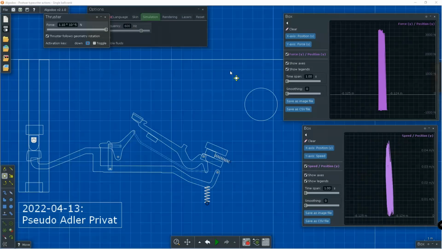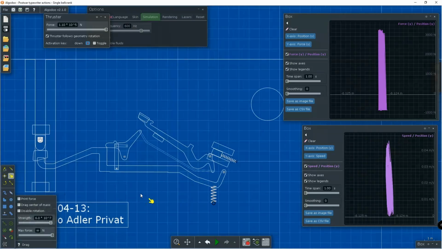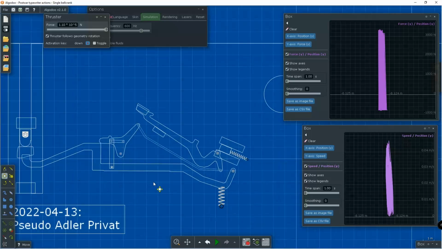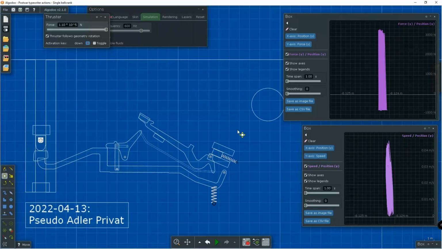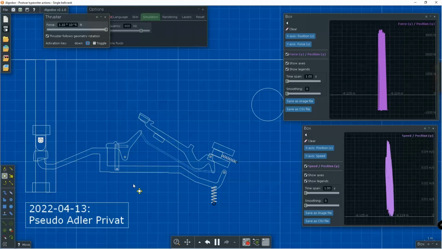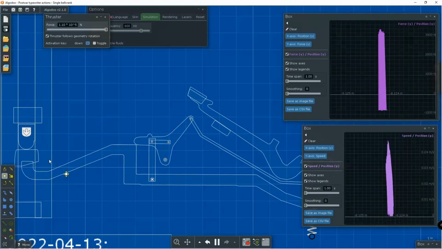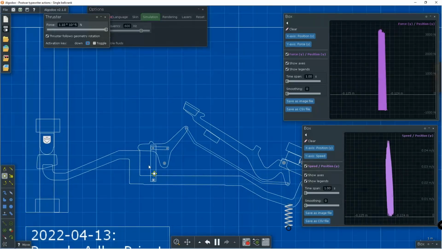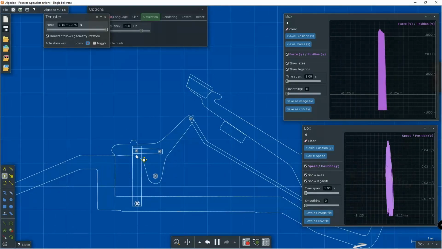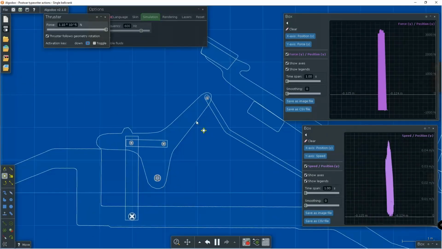Now over here we have my rough simulation of the Adler Privat type action again, based on what I've seen from photos as well as video of this machine, and of course my now more recently owning an Adler Privat. So class 2 key lever, but now we instead have a class 3 bell crank system.